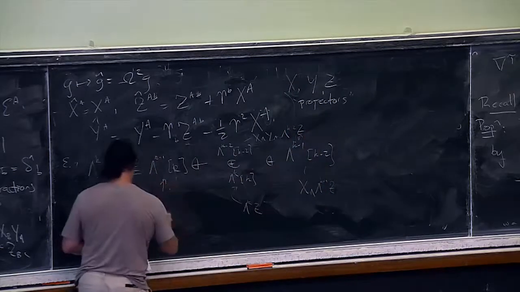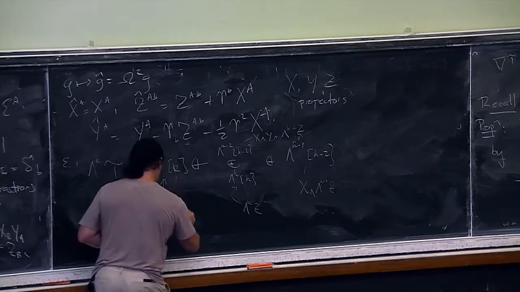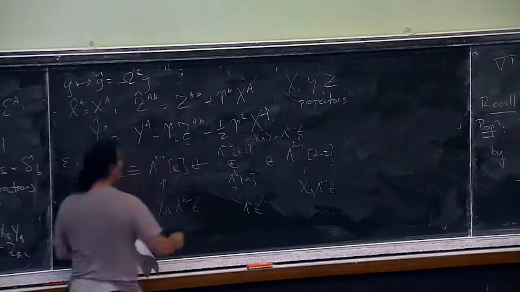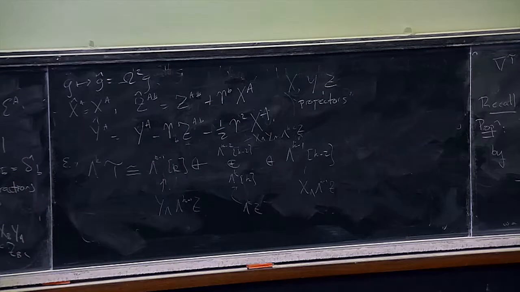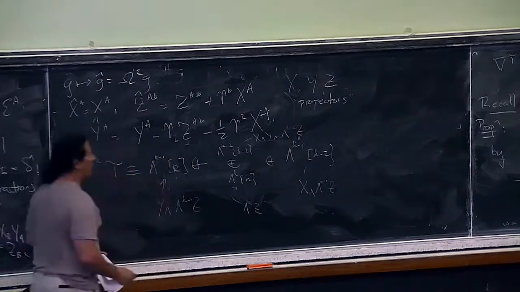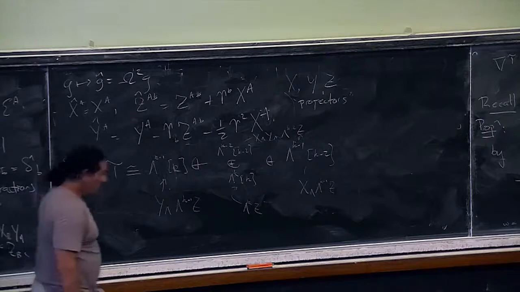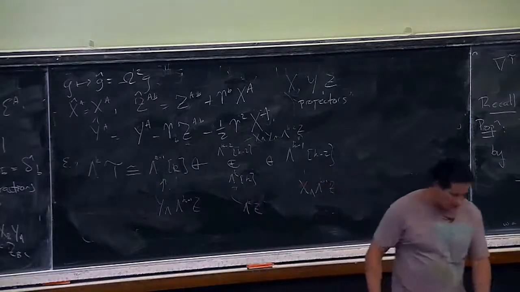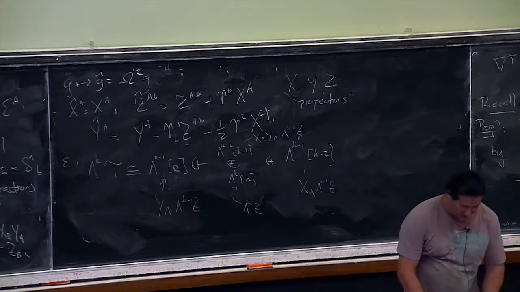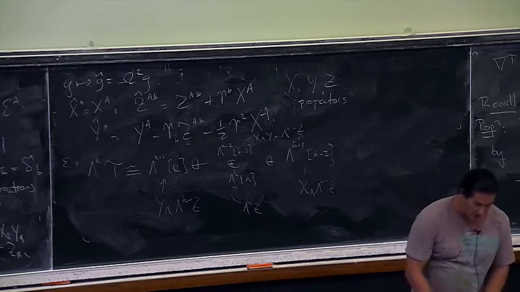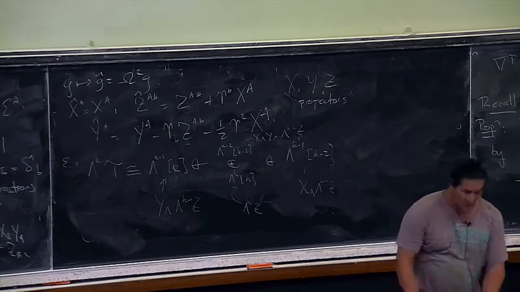And here this is Y wedge k minus 1 of the Z's. Okay, so anyway, I don't want to go into this in detail. We'll only need this for k equals 2. But you can work out how any tractor bundle's composition series looks, and how to write the projectors for it and so on.